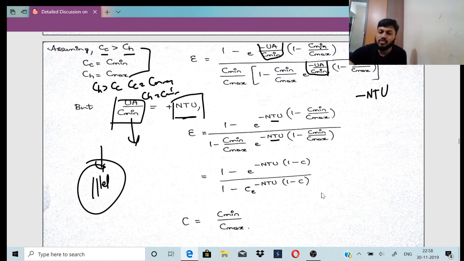Now I can also do another thing. The Cmin by Cmax, I can write it as C. Okay, so I can write the value C as the ratio of Cmin by Cmax, है ना?